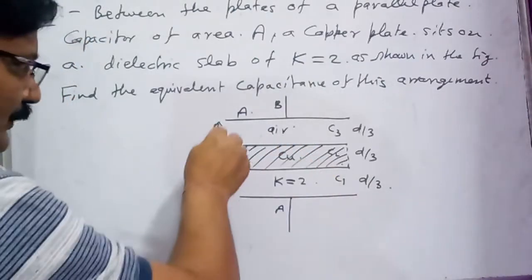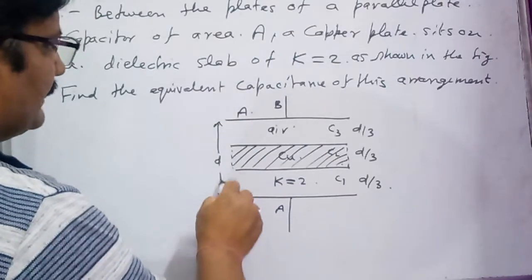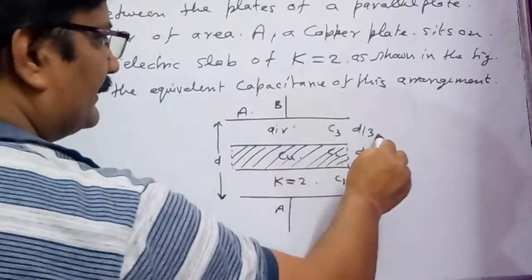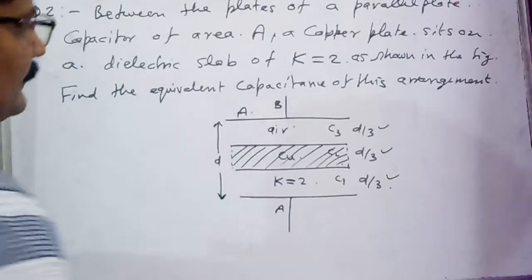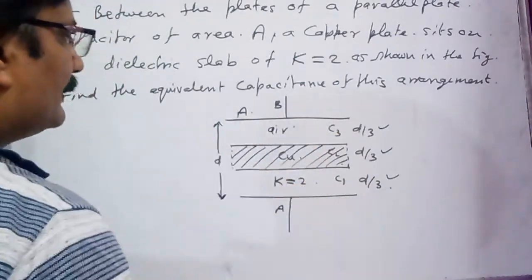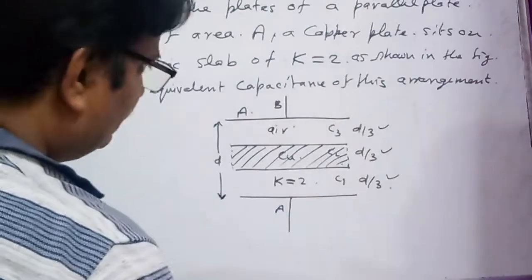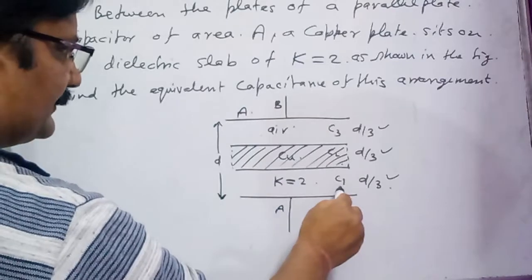So you can see the total distance between the plates of the parallel plate capacitor D is divided into 3 parts, D by 3, D by 3 and D by 3. And area of each plate is A. So there are 3 capacitors being formed between the plates of the capacitor. This is capacitor C1.